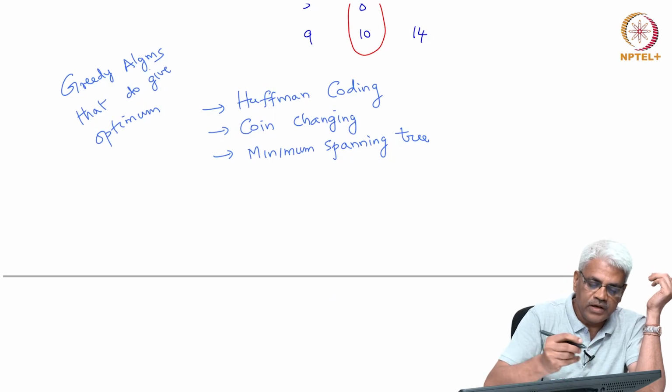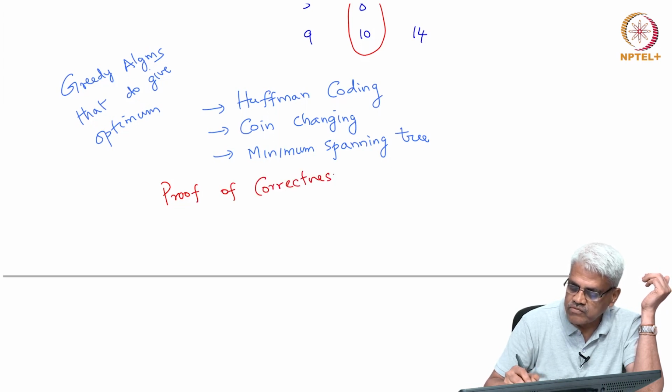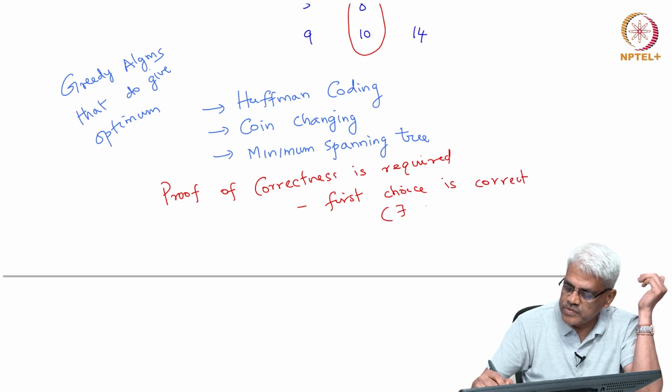But you need to give a proof of correctness. So basically you have to say the first choice is correct. What does that mean? There exists an optimum solution containing the first choice.